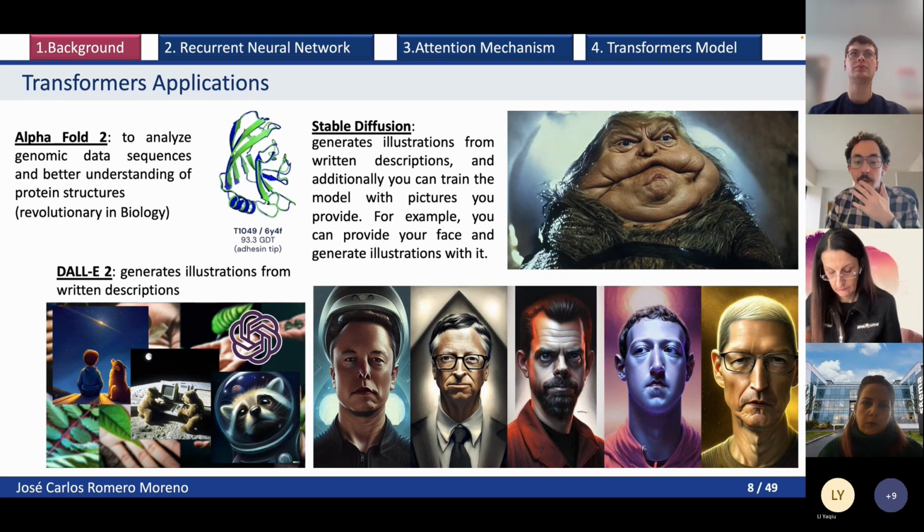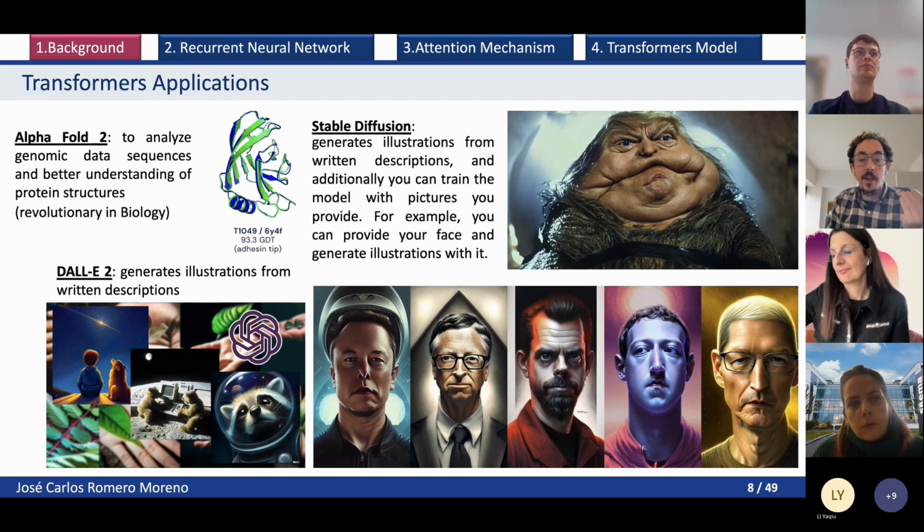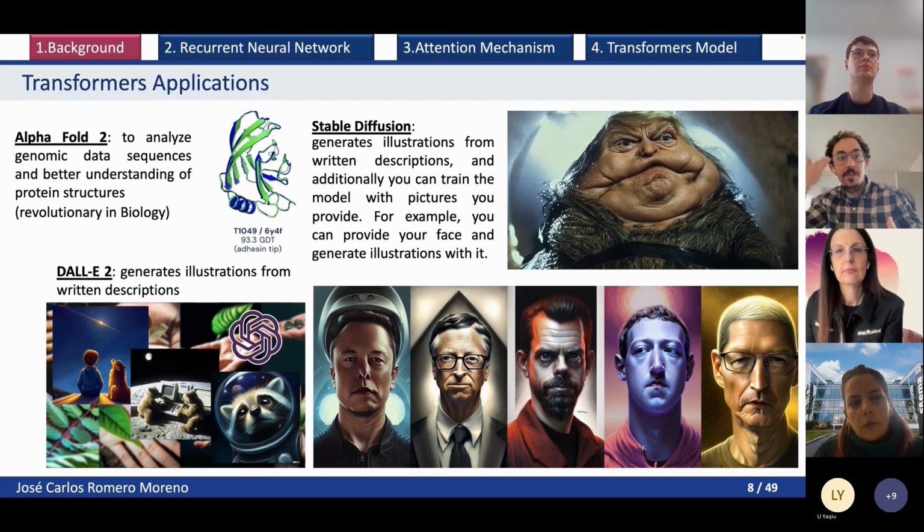For example, this OpenAI company, I saw an interview with the CEO of the company, who said that they still haven't released GPT-4, the new version of ChatGPT, because they are really concerned about this. They don't know how people could use this tool in the future, and it can be really dangerous.